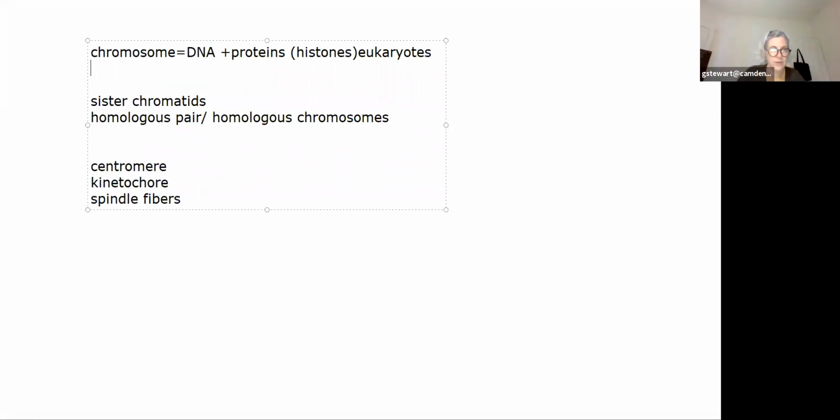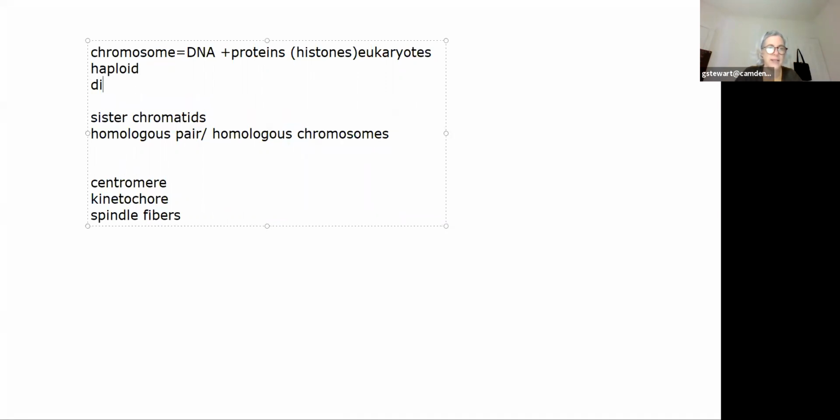Now, the other thing that just flashed through my head while I was thinking about these vocabulary words are these 2 words, haploid and diploid. In the most distilled sense, haploid means one set of chromosomes. I shouldn't say that.